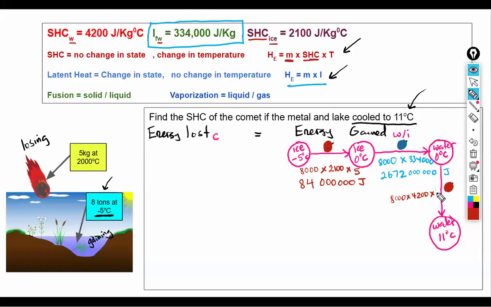It changed by 11, because it went from 0 to 11. 8,000 by 4,200 by 11 gives 3696 with 5 zeros. How many people have all of those values? I'm going to have to erase this, so make sure you take it down. So this is the energy gained by the lake.